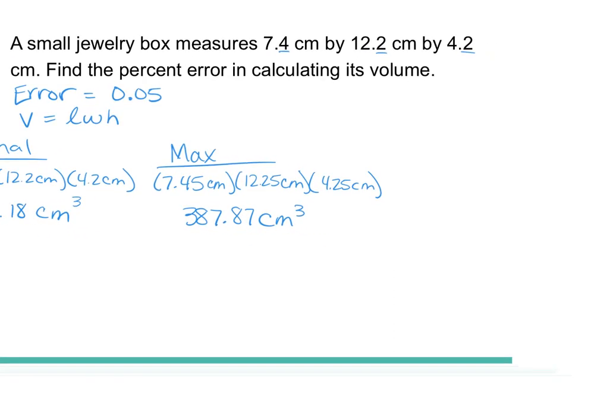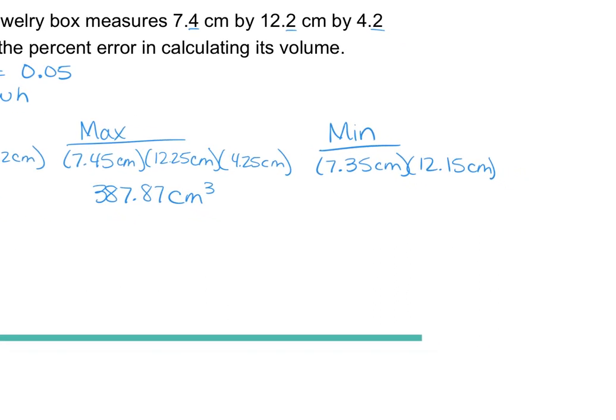All right, finally, we're going to find our minimum. We're going to subtract the 0.05 from each of those. So we would get 7.35 centimeters, 12.15 centimeters, and 4.15 centimeters.